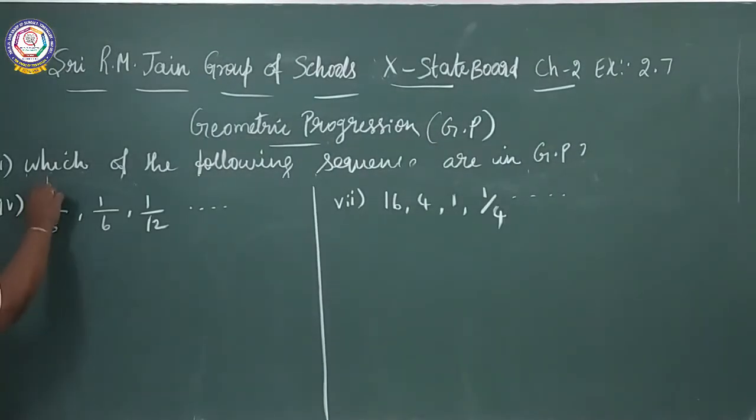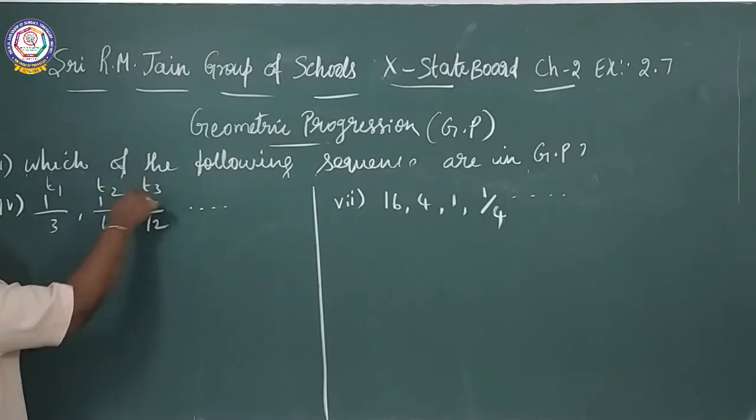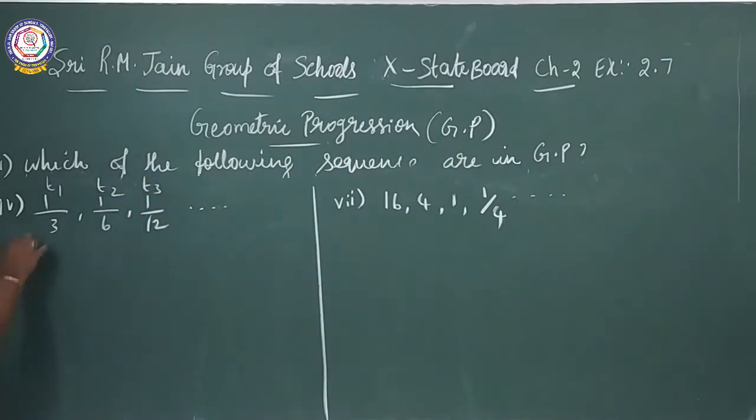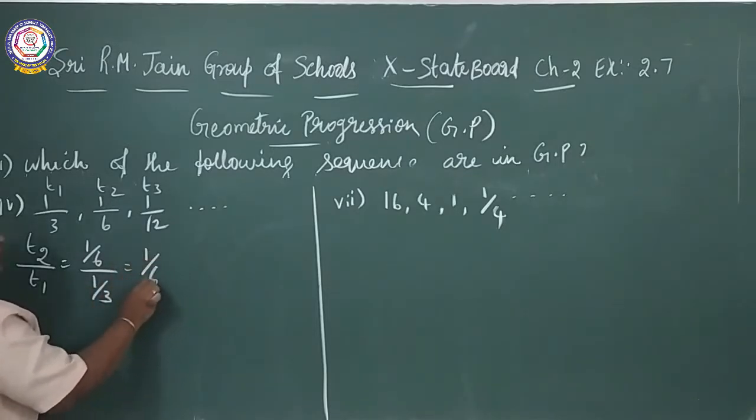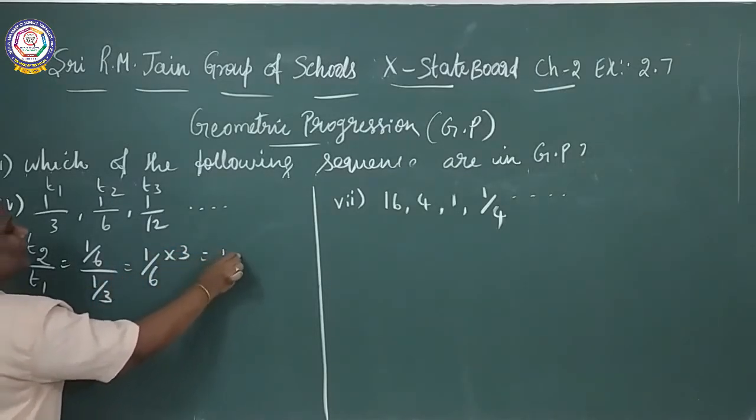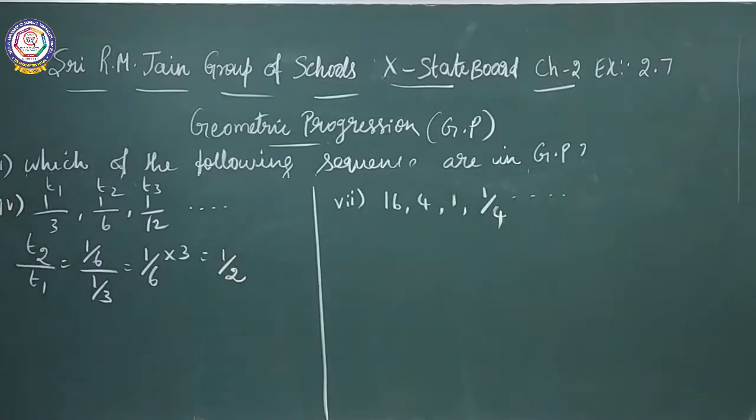See the same one. T1, T2, T3. T2 by T1 is 1 by 6 by 1 by 3. Take the reciprocal of that value: 1 by 6 into 3. So the value is 1 by 2. The same way T3 by T2. T3 is what? 1 by 12 by 1 by 6.